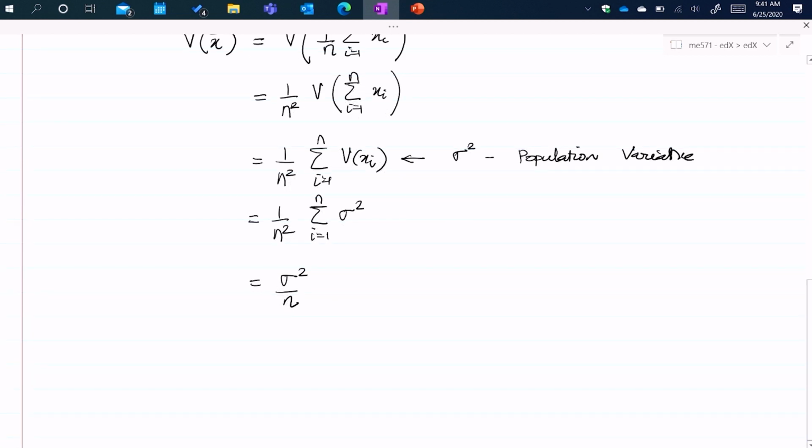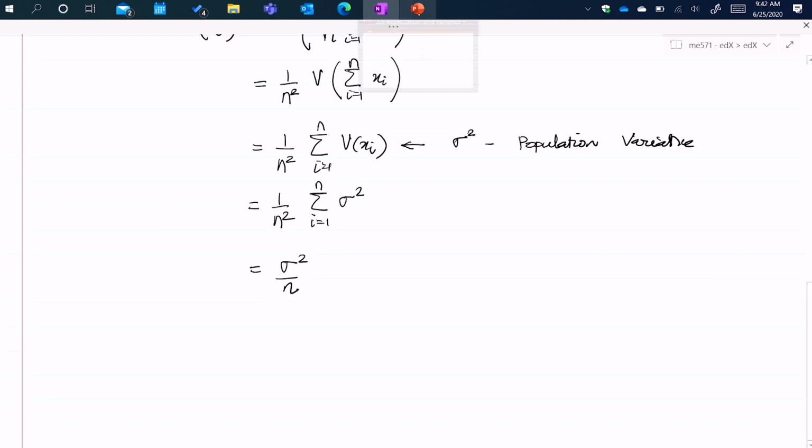So the key assumption here is if I have lots and lots of observations x sub i, and ask what is the variance of these observations, the variance of each individual observation will be the population variance, that's sigma squared.